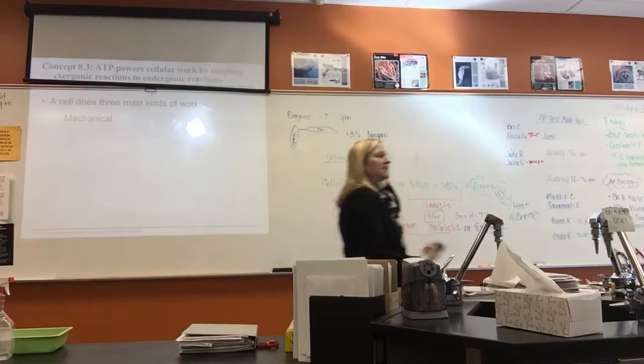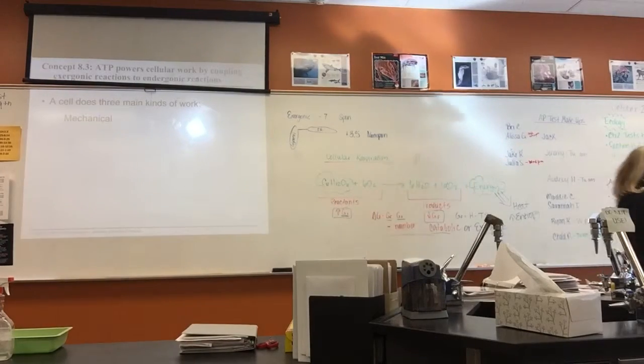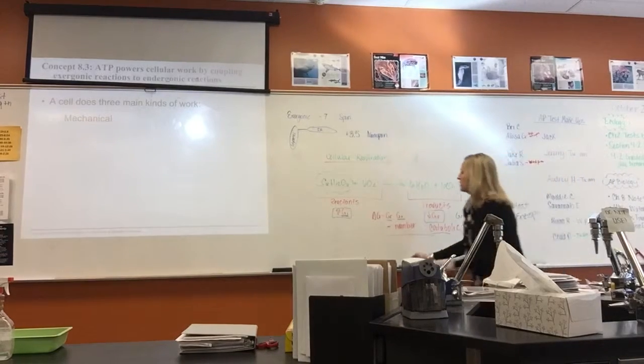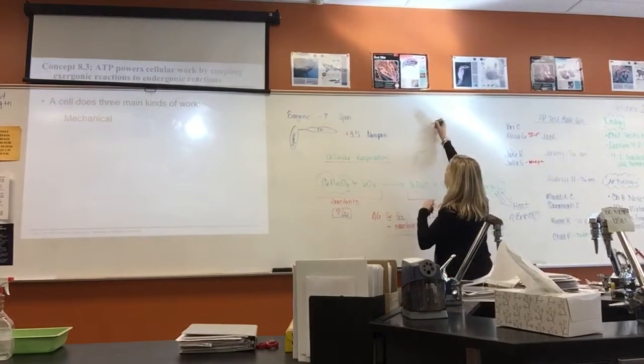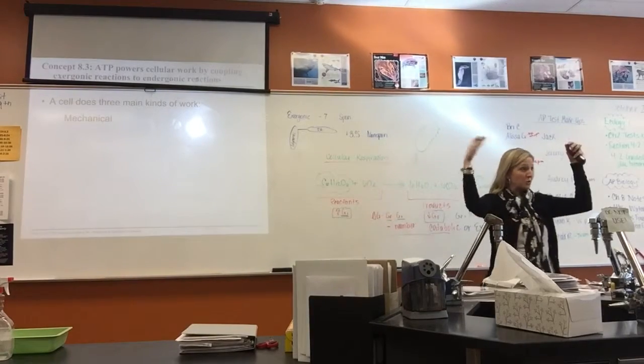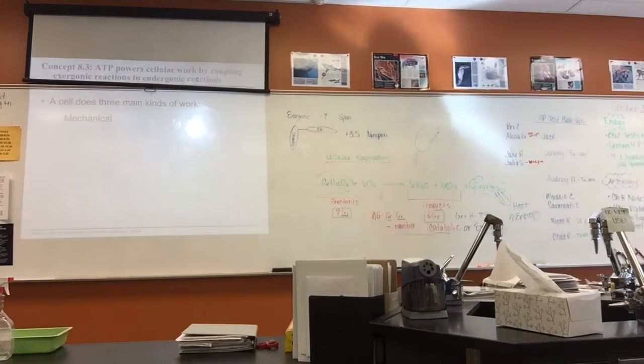That's an example of mechanical movement inside of a cell. Another example would be a unicellular organism that has those little hair-like structures, cilia. Those cilia have to move in order for the organism to move. That would be another example of mechanical movement inside of a cell.